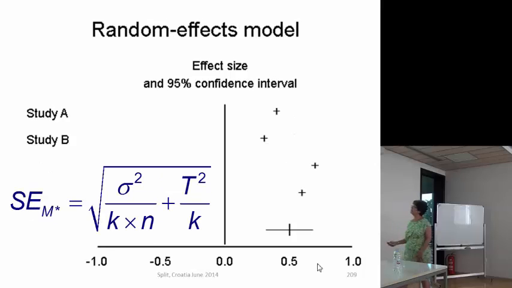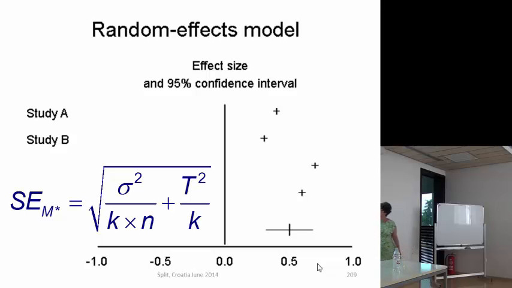Okay? In the random effects model, the studies can still have the same exact mean, but if they really come from different populations, you could still get the same mean with each of them representing quite different true effects.